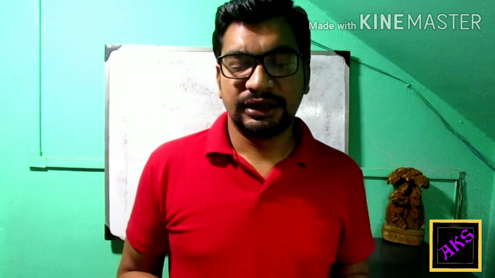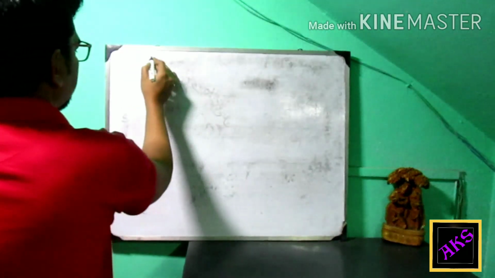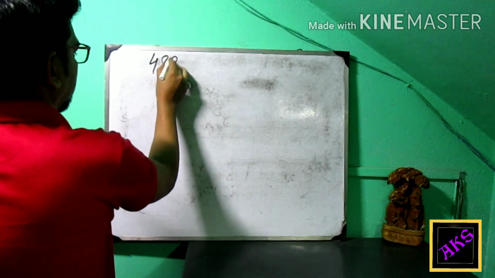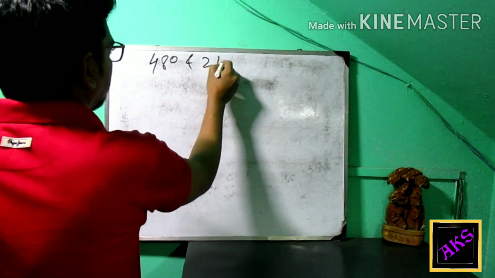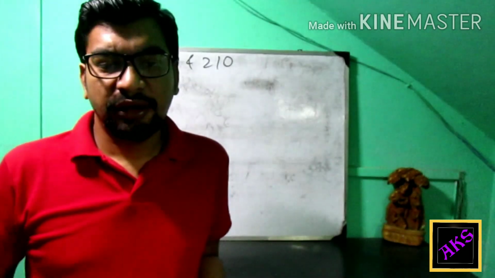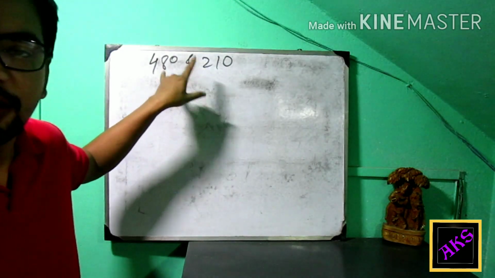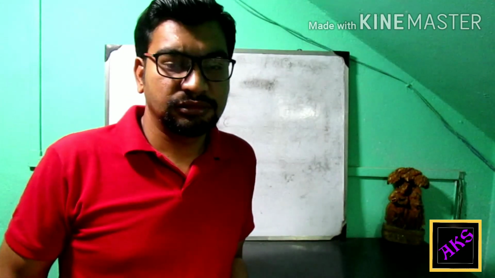Okay, let us take an example to understand it better. Let us take 480 and 210. We have to find the HCF of these two by Euclid's division algorithm.